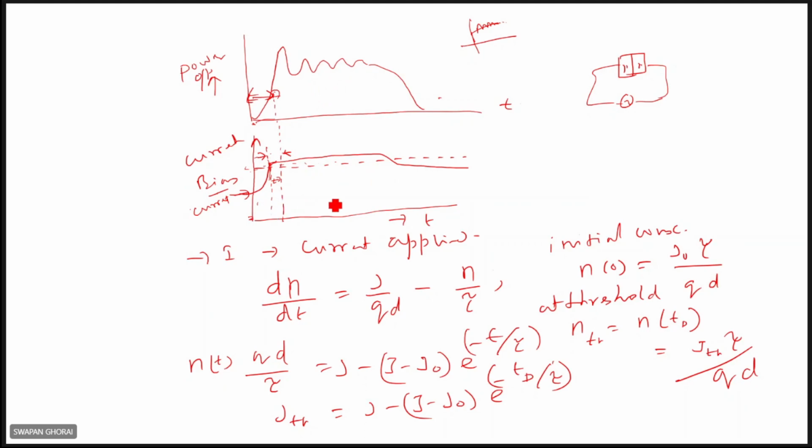We can also show mathematically how the bias current can reduce this time delay and, in turn, increase the modulation rate.